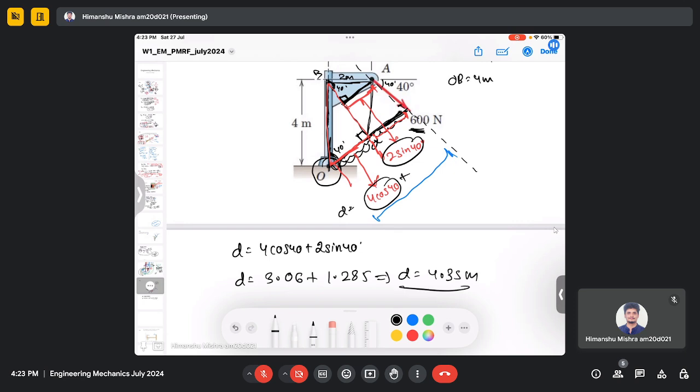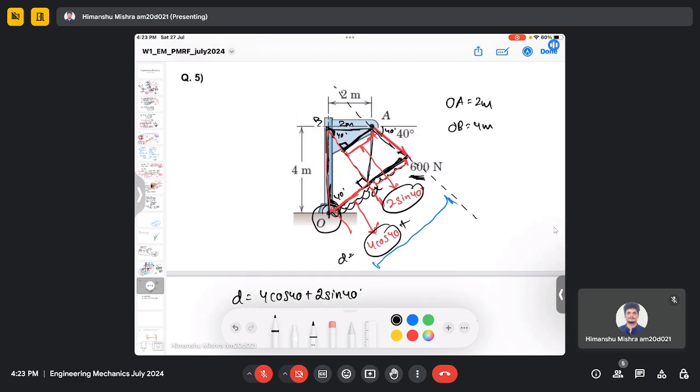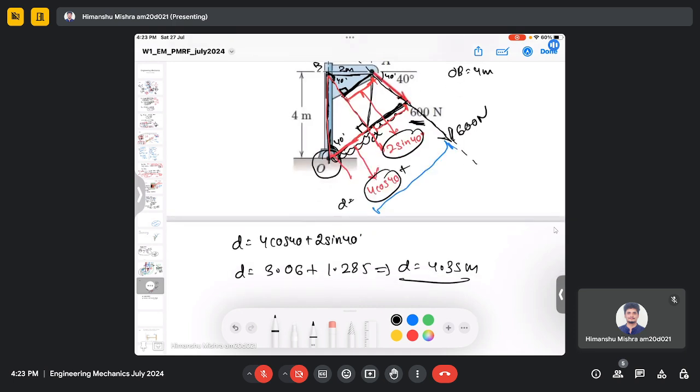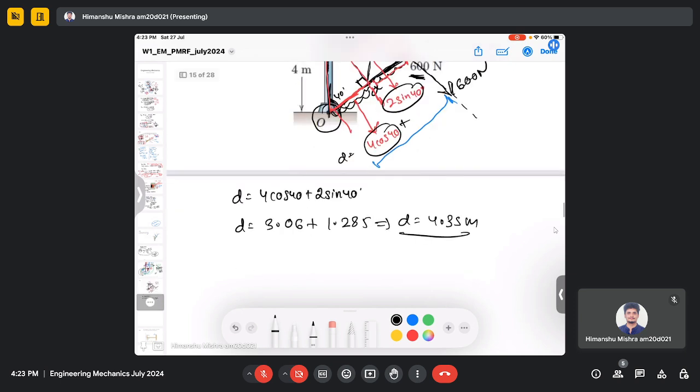So this is my perpendicular distance from this force. So then I have a force, I have a perpendicular distance from point O to that force. Then I can directly use the formula of moment.